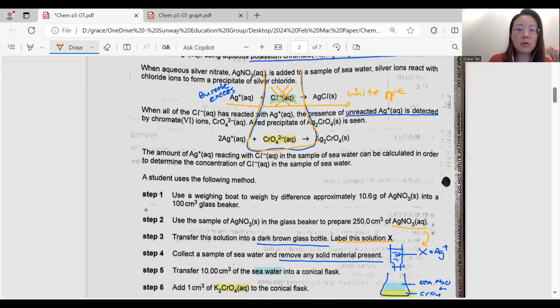Hence, the second equation will run. Because there is no more chloride, the silver will react with the chromate. Then only your red PPT will be formed. So what the chromate does is detect the excess silver ion that does not have any more chloride to react with.